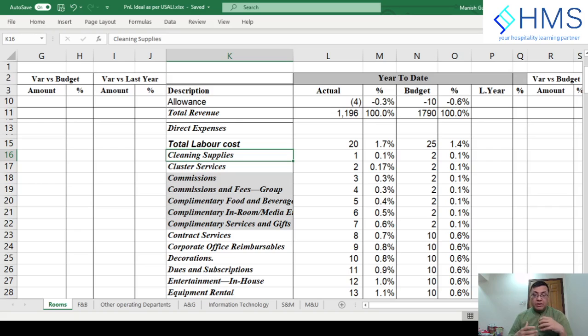Usually the analysts make a mistake by dividing the total expenses and seeing what is the per occupied room. But they forget that some expenses can be fixed as well, so they may not change based on the business level. So the key here is to go into the details of each and every expense.